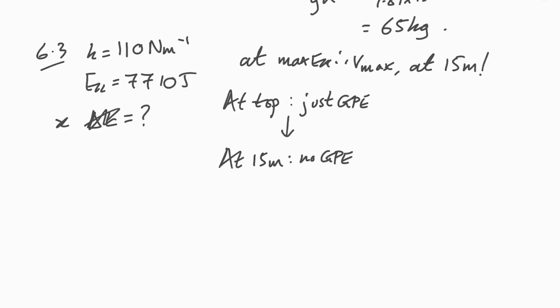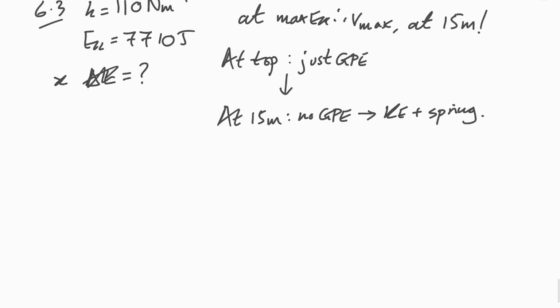there is GPE, but we're talking about this height of 15 meters. So we're going to say all of that GPE has now gone somewhere else. It's gone to KE and spring energy. So we can say the GPE is equal to KE plus energy in the spring.